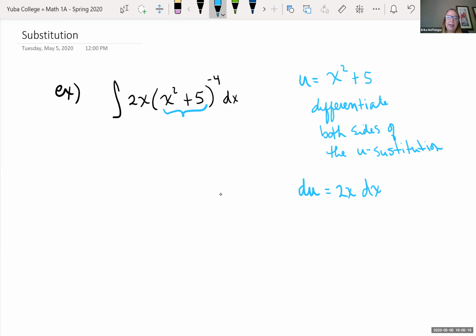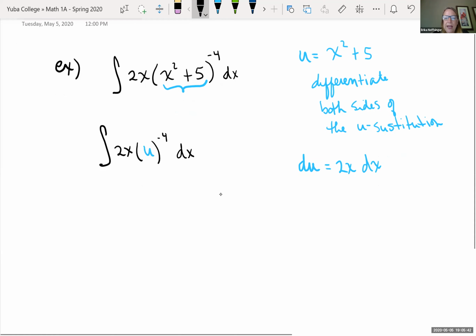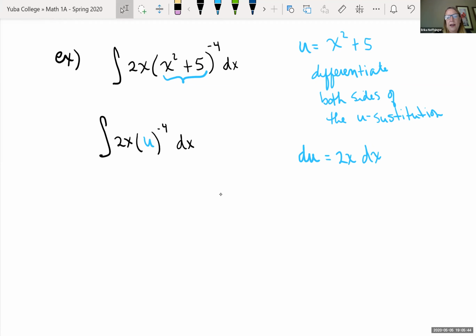Okay, so if we go back in and substitute in, right now we have 2x, we have the parentheses, u, and that's all raised to the -4 power, dx. The problem here is that we still have u and x in here, and we're going to now be taking the antiderivative with respect to u instead of x.